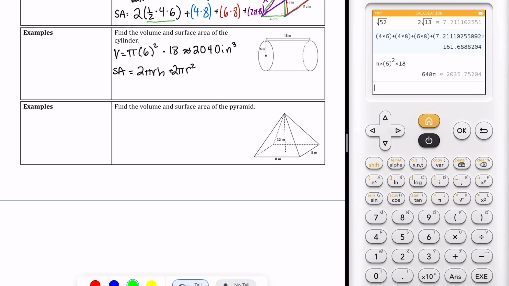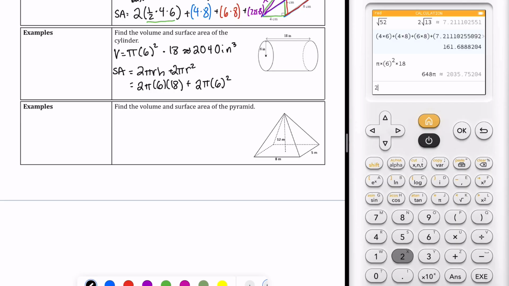All right, so in this case that is going to be 2 times pi, our r is 6, our h is 18. That would be the rectangle once we unfold it. And then 2 pi times 6 squared.